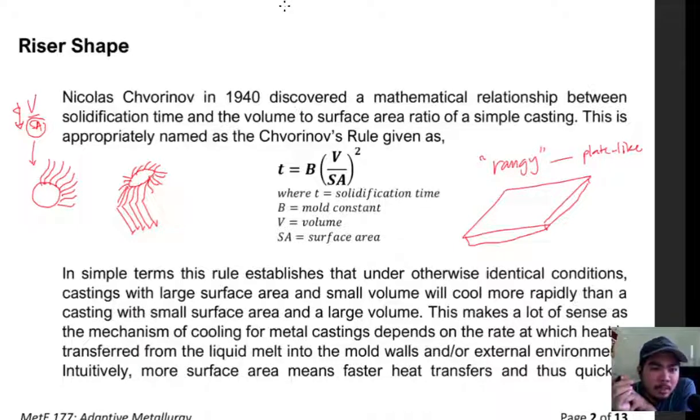Okay? So it makes sense, no, kasi ang primary goal ng riser, as we've learned from the previous modules, is that siya dapat yung magiging reservoir mo para ma-prevent yung shrinkage defects. Tama? So from the previous modules, you've learned that kunwari may casting tayong ganito.